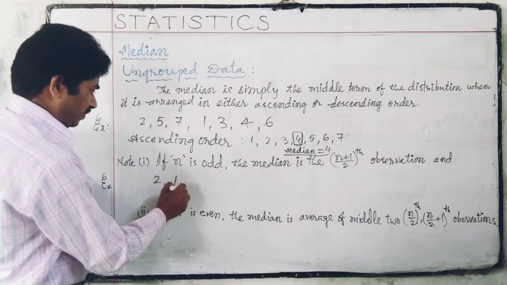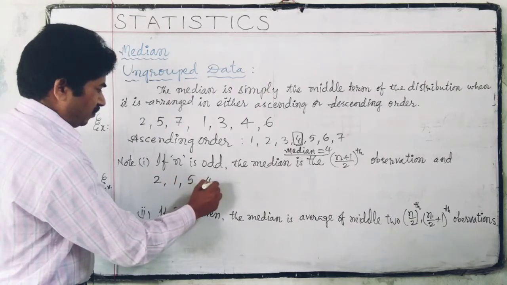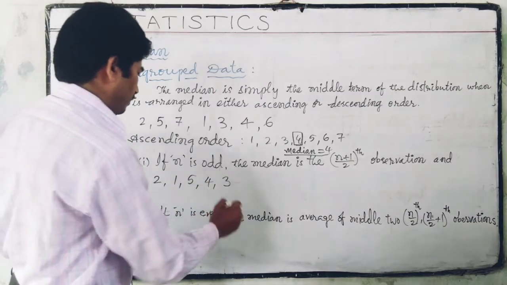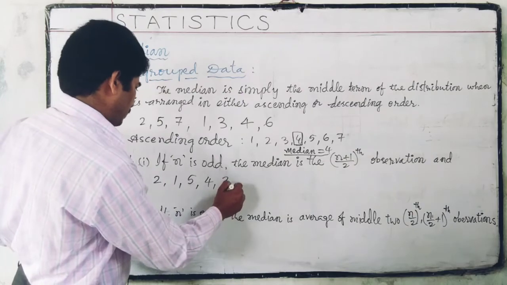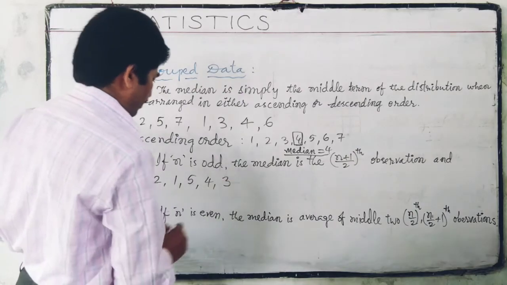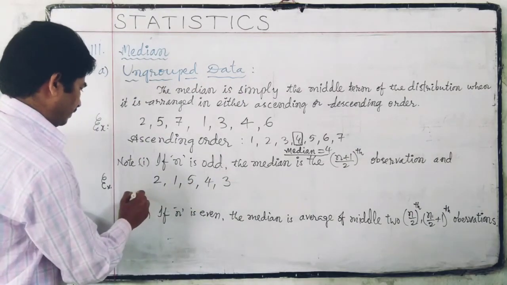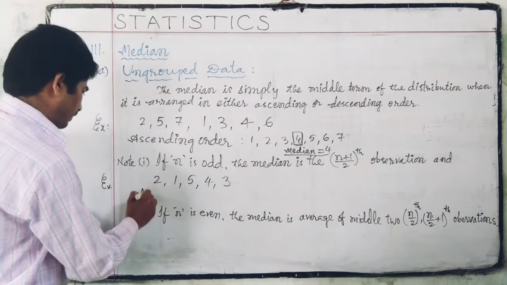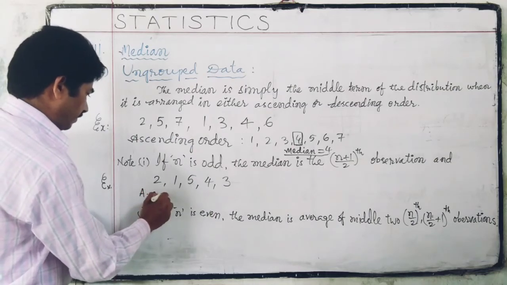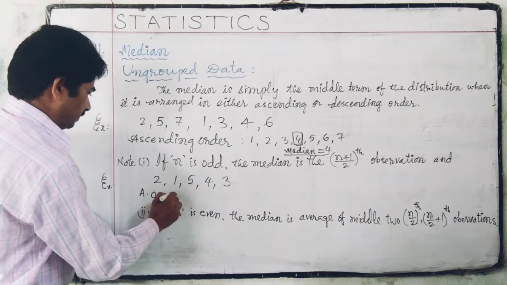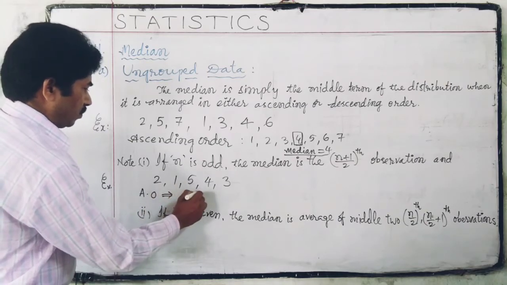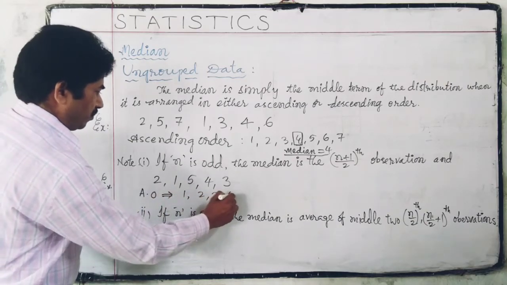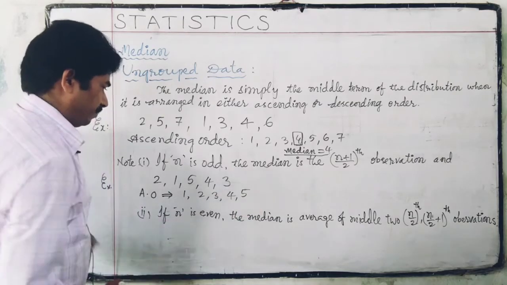2, 1, 5, 4, 3. So these are observations. If we arrange this in ascending order, we will get 1, 2, 3, 4, 5.